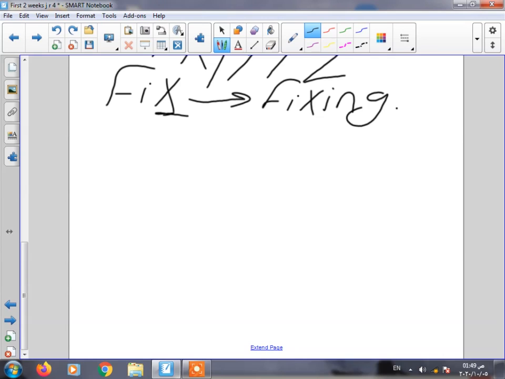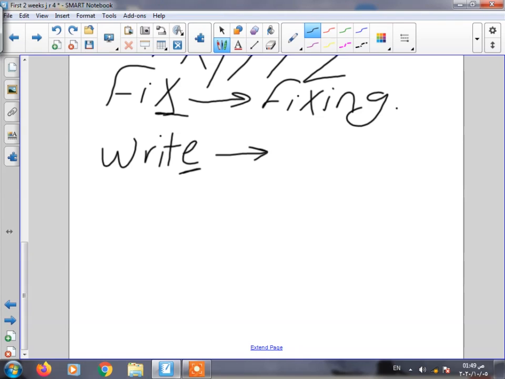Now I will write the verb and try to add ing to it, like the verb write. Add ing. The verb ends with E. What do I do with that? I cancel it.